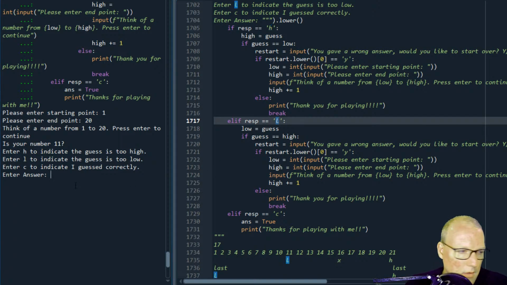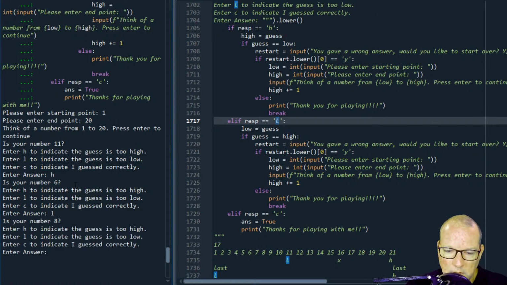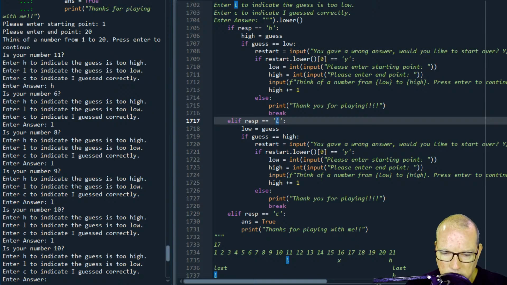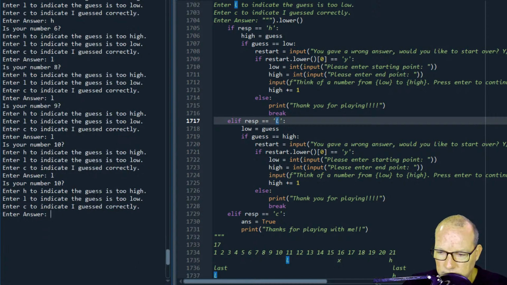All right. So let's see. This path too high. Let's go the other way. Yeah. So the guess is too high, so they move down to 6. Now the guess is too low, too low, too low, too low. And that didn't work. Okay, because we made a decision.